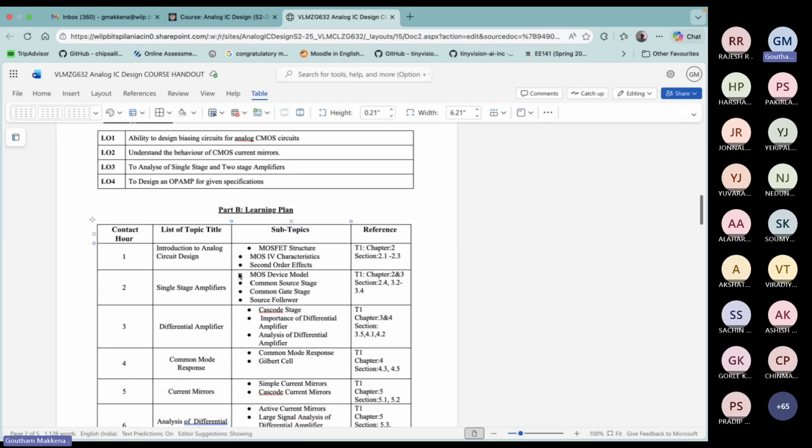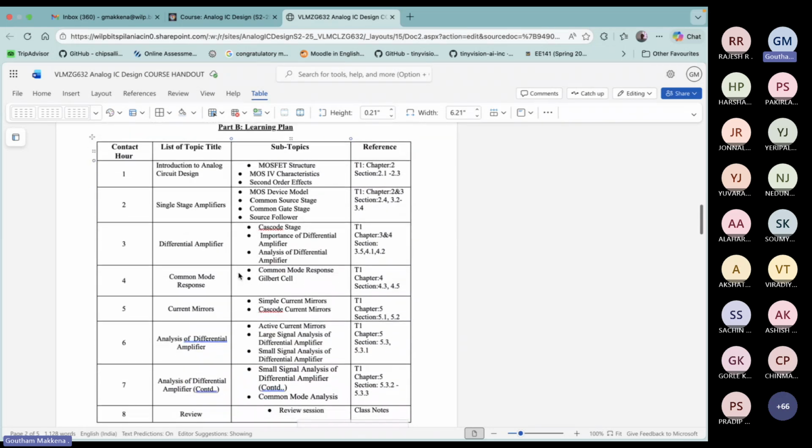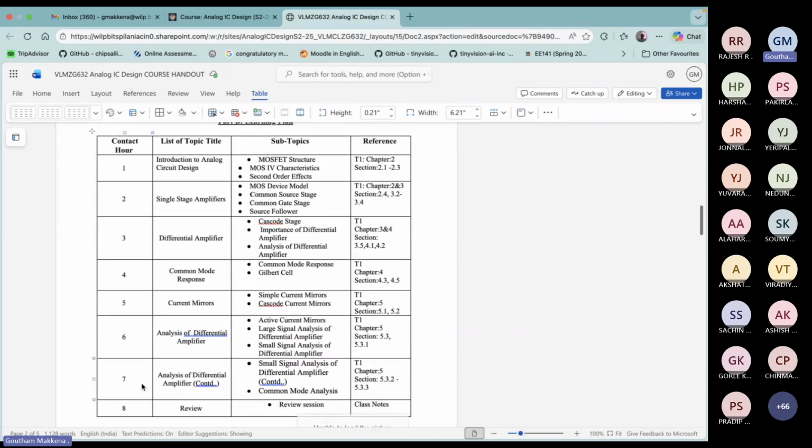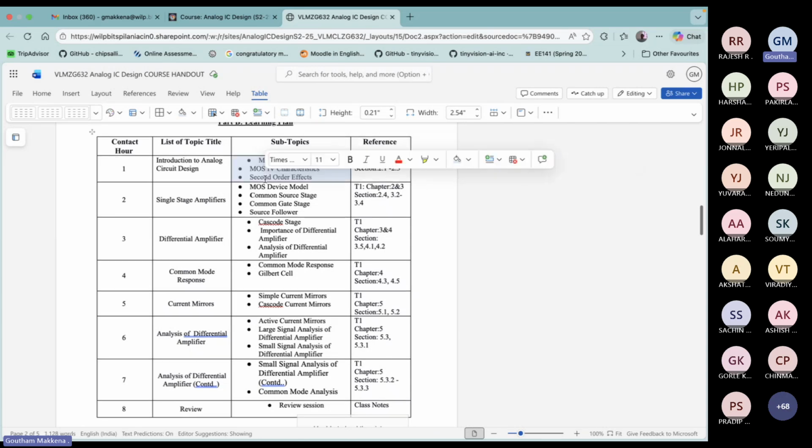Okay, so this is our syllabus. Like I told you, this is the first half of the syllabus, the first 8 sessions or the first 8 contact hours. So this is today's class. It is going to be an introduction to analog. Like we see MOSFET structure, IV characteristics, and second order effects, I will push it to the second class.